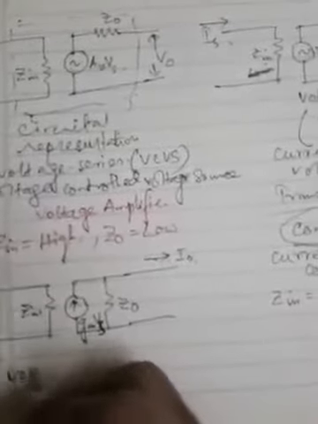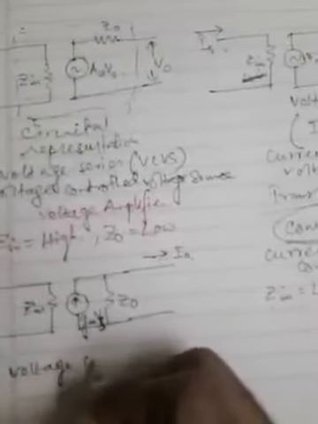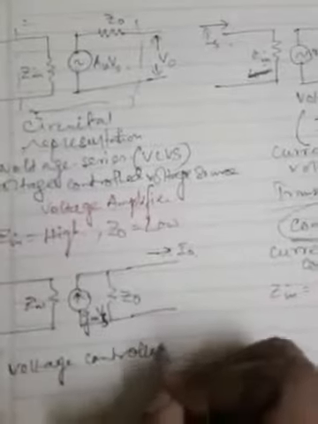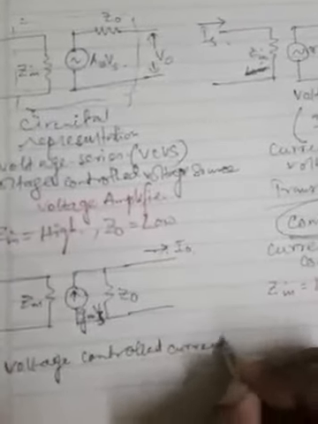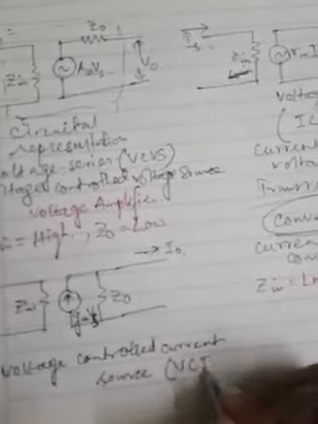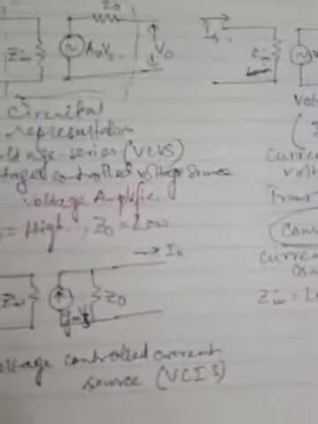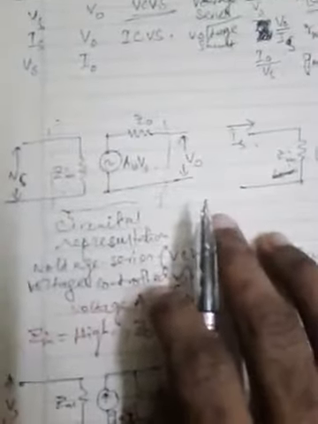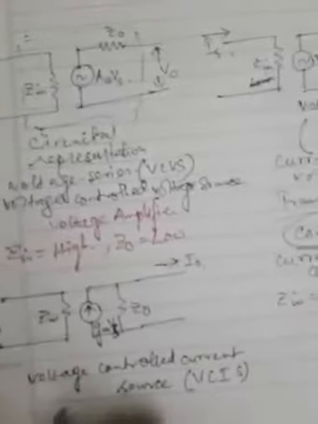That means this should be called a voltage controlled current source, in short VCCS. And the topology where these things are selected like this should be called current series feedback.